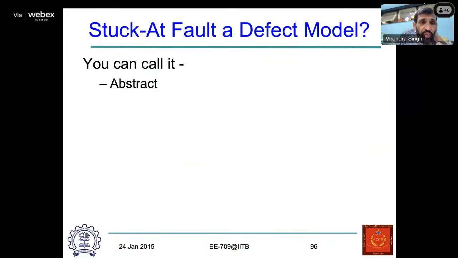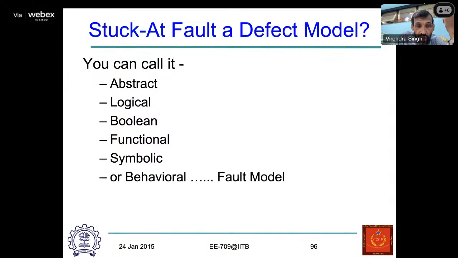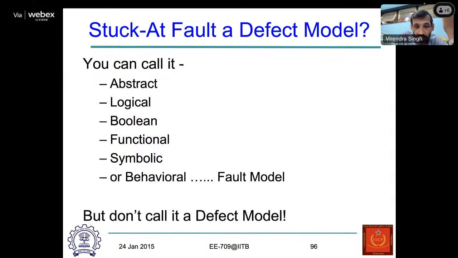So one of the models that we call the stuck-at fault model, perhaps the rest of the talks will build upon this. The stuck-at fault model is an abstracted fault model, or a logical fault model, or sometimes we call it a Boolean fault model or a functional fault model, or behavioral, but this has nothing to do with the defect.